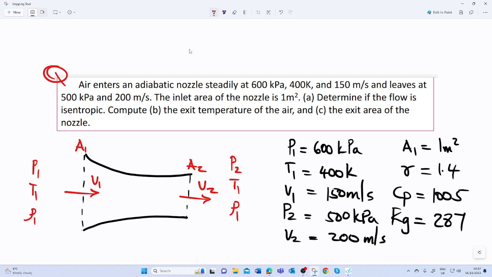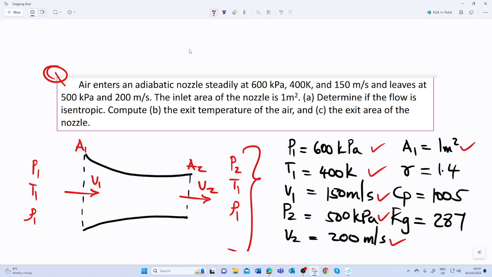Now, let's assume we have the schematic given here. Based on the isentropic assumption, that is the constant isentropic process, we have all the parameters given: P1, T1, V1, P2, V2, and the inlet area A1.